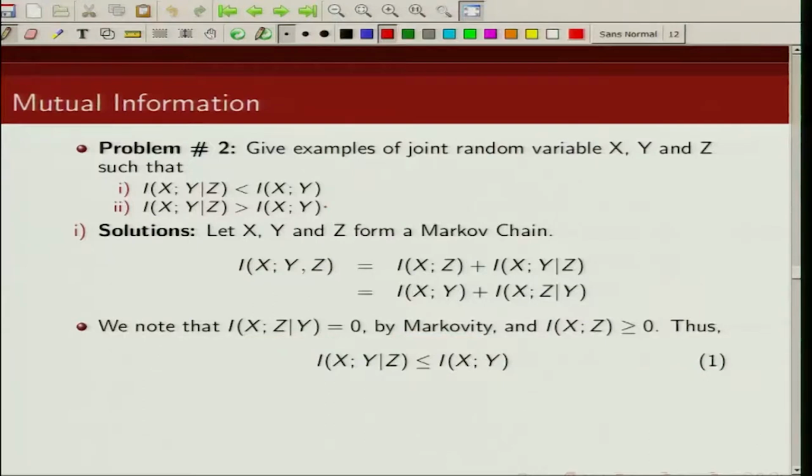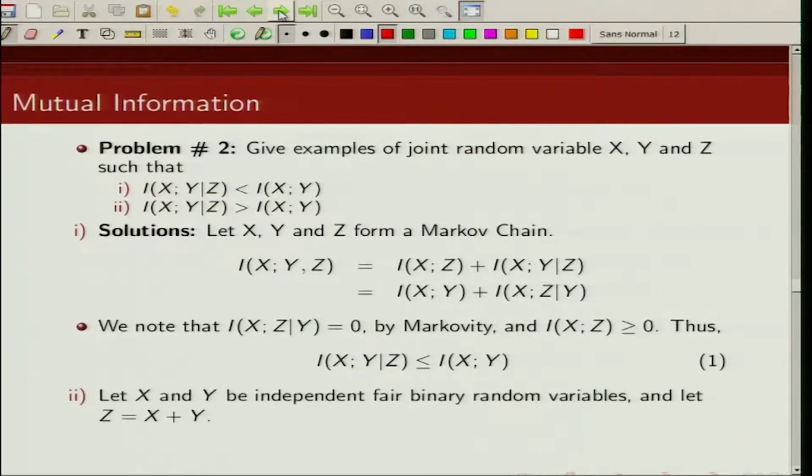Now, we are going to prove that the mutual information between x and y given z is greater than or equal to the mutual information between x and y. So, we'll consider one example. Let us consider that x and y are independent fair binary random variables and z is given by x plus y.